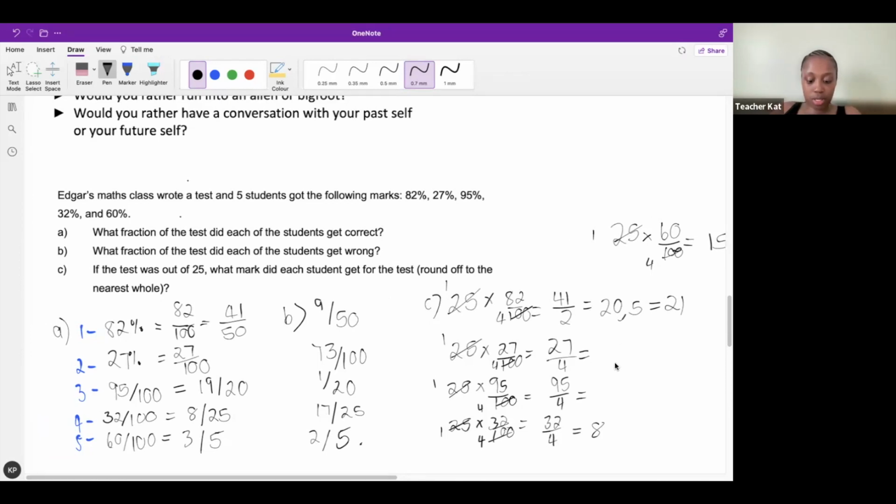Okay, let me do them quickly for us. So 27 divided by 4 is, for this one, 6.75, which we round off to 7. 95 divided by 4 is 23.75, which we round off to 24.